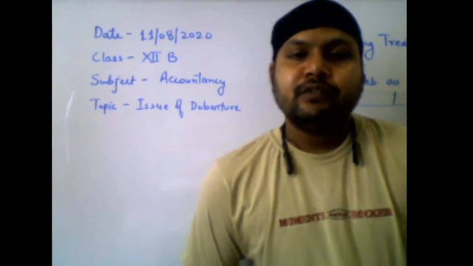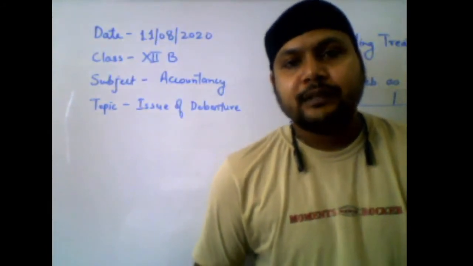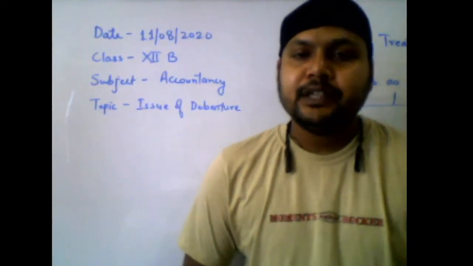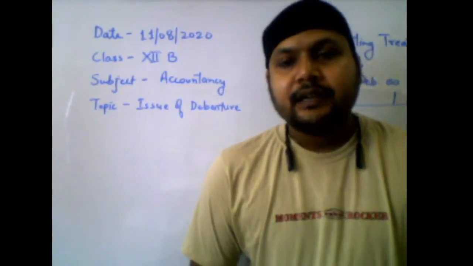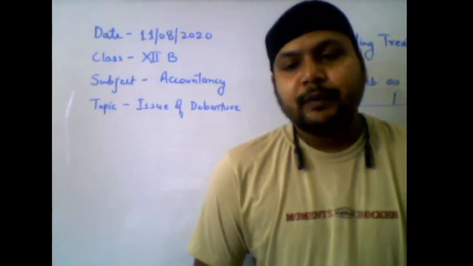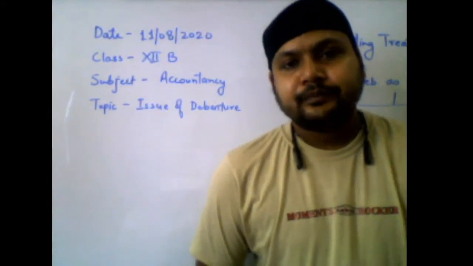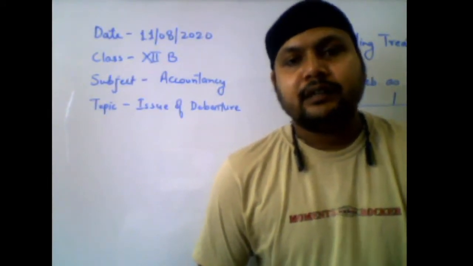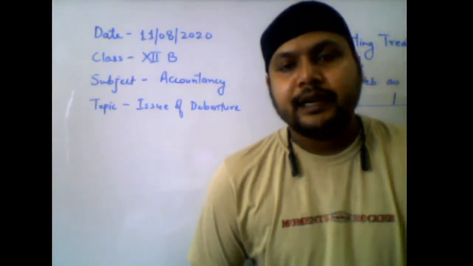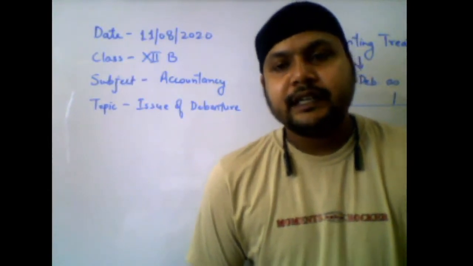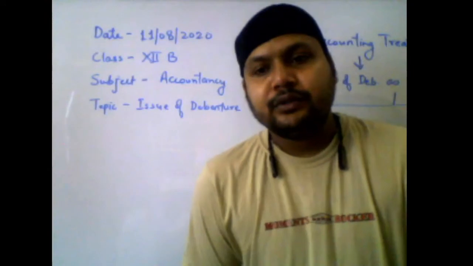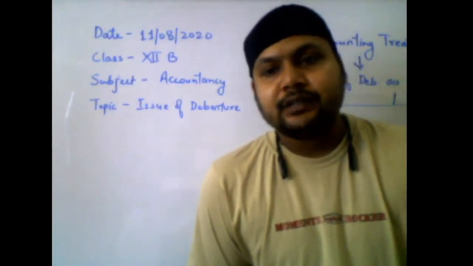So in today's video, first of all we will revise all the concepts related to the issue of debenture as collateral security, and the two methods, and thereafter we will take one important numerical problem related to this topic. So without any delay, let's move to today's topic, that is, issue of debenture as collateral security.